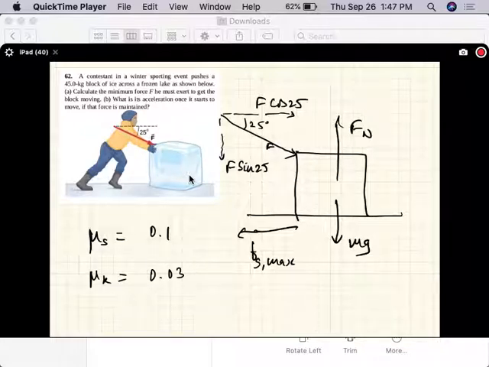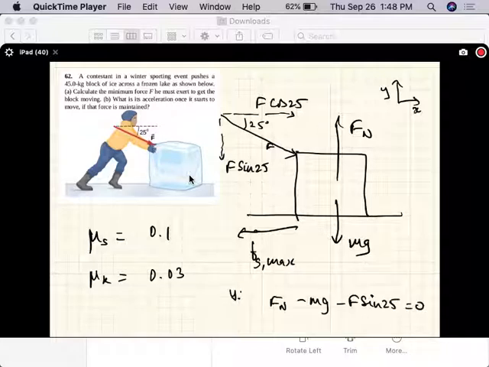Okay, so let's look at all the y component of the forces. Y component of the forces is, and again our axis is set up like this, the normal force is positive minus mg and minus F sine 25, and that's 0.